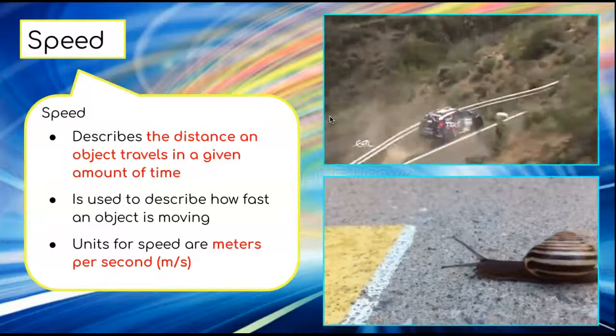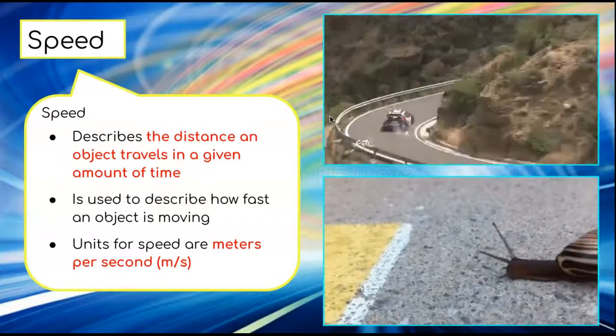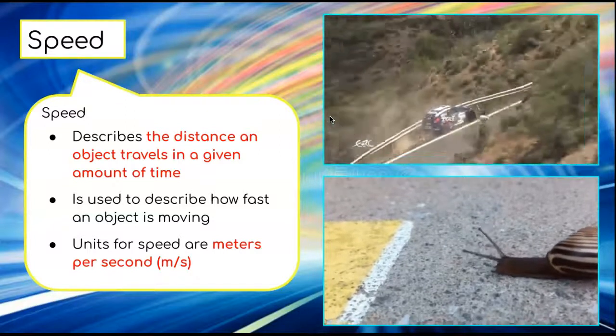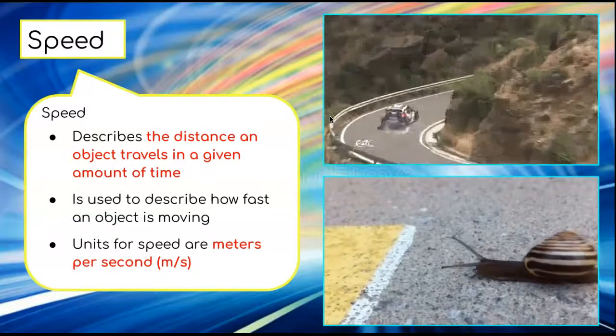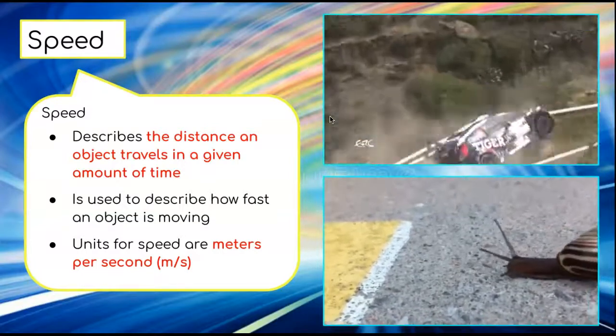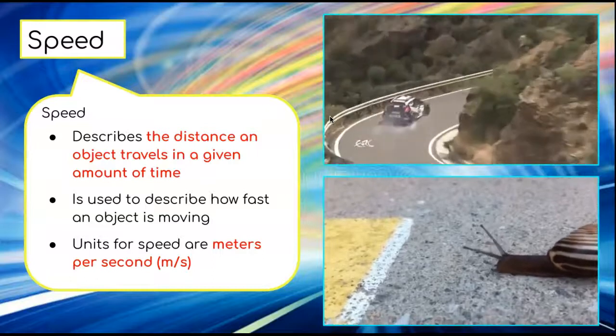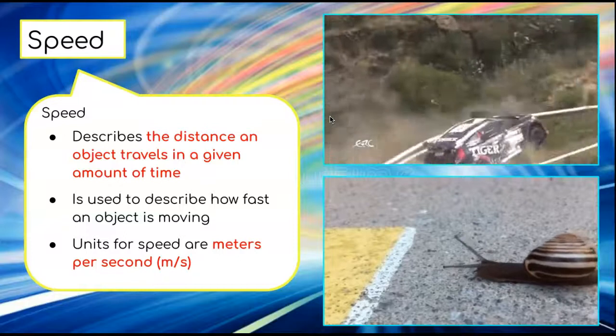Now, understanding the definition of speed, let's look back at our examples and see how it makes sense based on our definition that this car is traveling at a greater speed than the snail. So we can see here that this car is traveling a greater distance in a unit of time than the snail is.